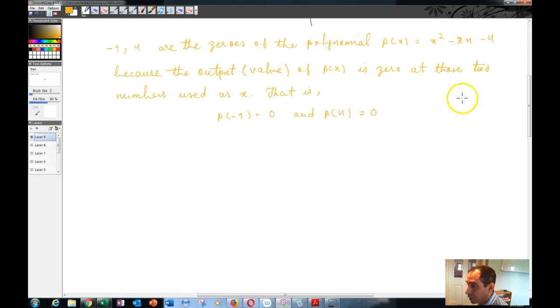Now if you take those two points for this graph, you have a graph like this, with -1, 0 and 4, 0, and the graph is a parabola like this.